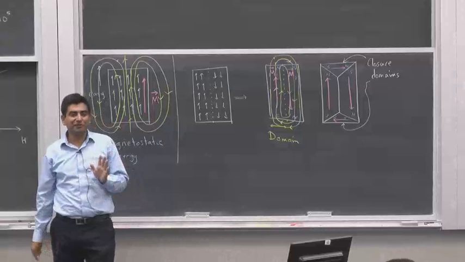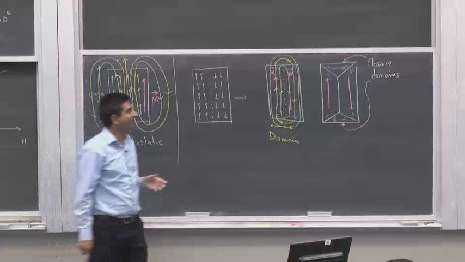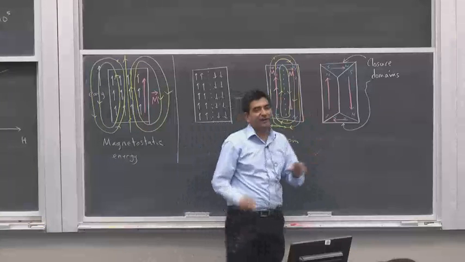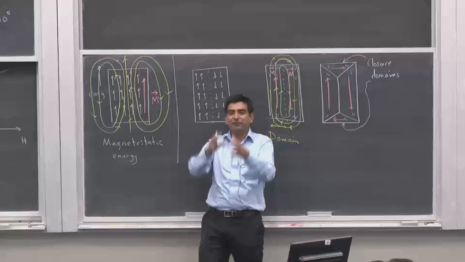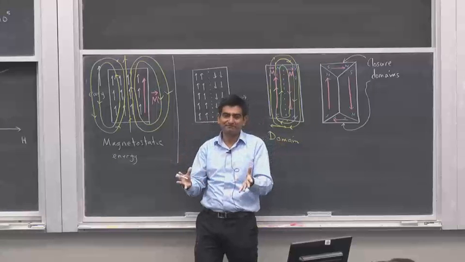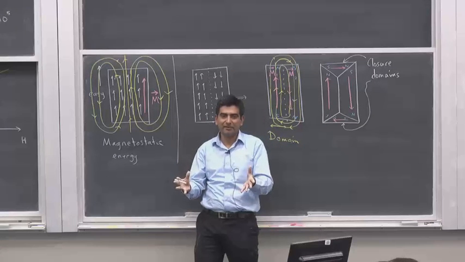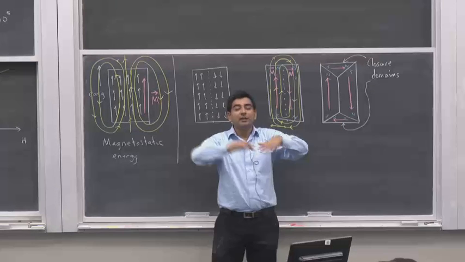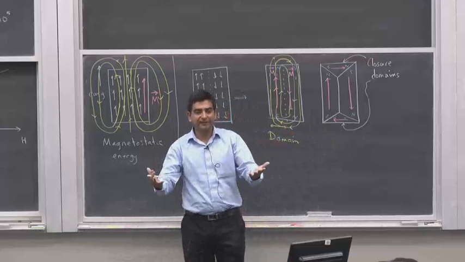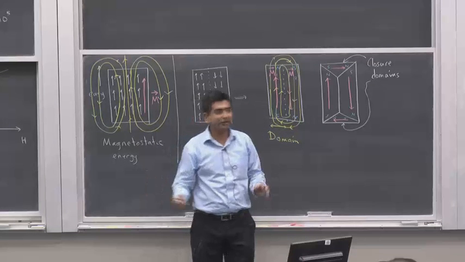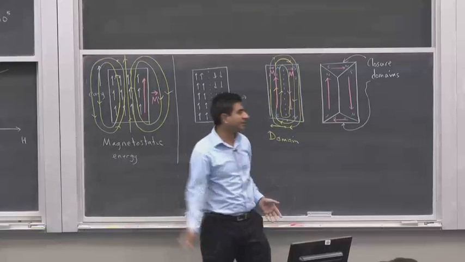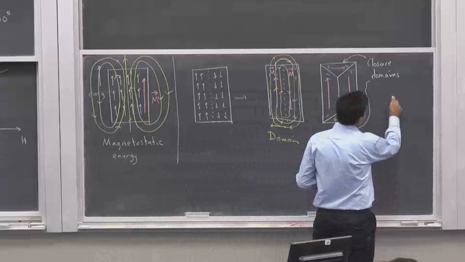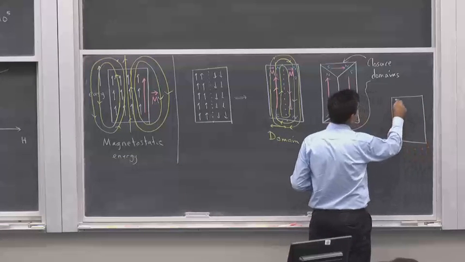Now suppose what we have is a single crystal of iron that has been broken into 4 domains. Remember that you can have more domains inside this material as well, and you can have the suppression of the external magnetic field even more pronounced. For example, you can have a structure like this.